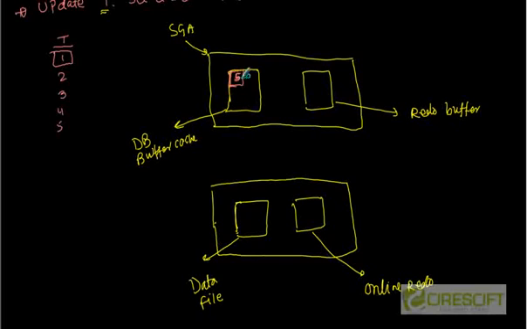When I make it 5, I make this db buffer dirty, and then I'm going to store enough information on the redo buffer so that I can reproduce this transaction again.